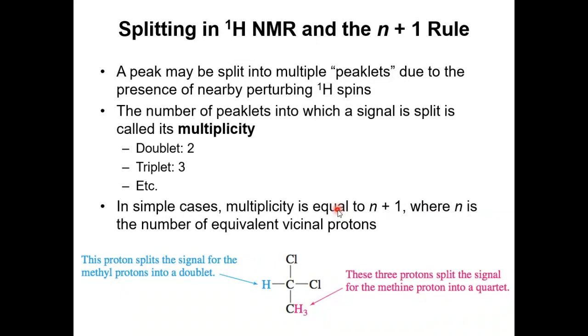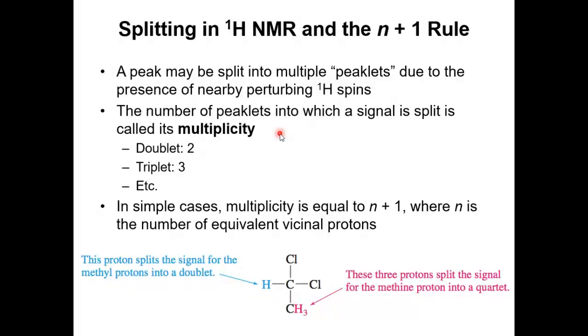And the number of lines in a particular signal is called the multiplicity. So if a signal only has one line, the multiplicity obviously is 1. If a signal has 2 lines, it's a doublet, 3 lines a triplet, 4 lines a quartet, and 5 lines a quintet. That's just the name.